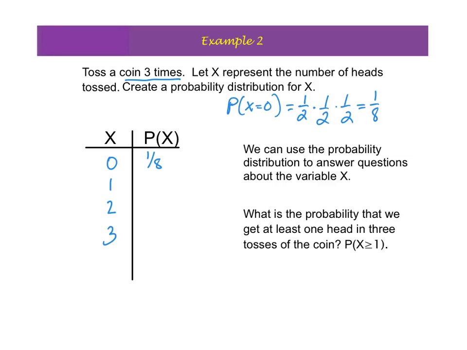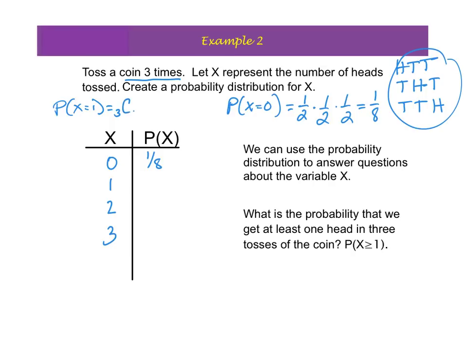Now, the probability that I toss exactly 1 head, you have to remember it could be heads, tails, tails. It could be tails, heads, tails, or it could be tails, tails, heads. So there are 3 ways for that to happen. And the way we can figure that out is I have 3 tosses, and from those 3 tosses, I'm going to choose 1 that is heads. 3 choose 1 is 3, which is what we just counted on our own.